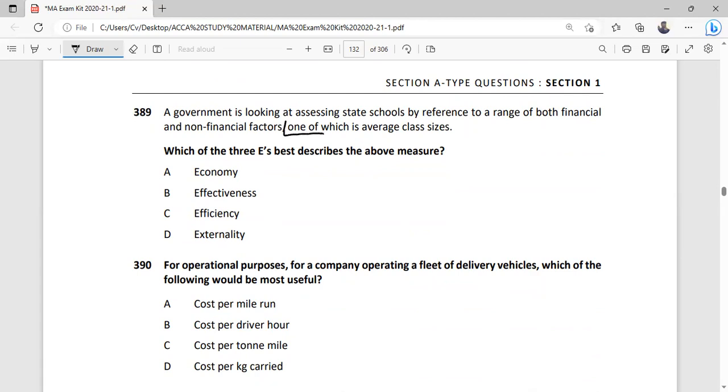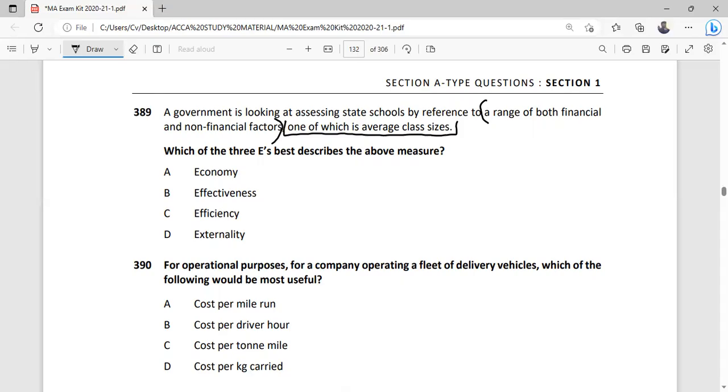Now, this time we are talking about financial and non-financial factors just like the previous question, but it does not mean that we will say that the correct answer is efficiency, because we are not determining any objective. Suppose we are going to determine an objective, that what would be the pass percentage of each class out of the total students, then we can say that we are measuring effectiveness.